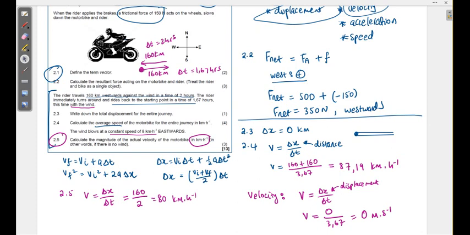So here we calculated the velocity he would have. This is the velocity that he would have been traveling at if there was no wind, isn't it? Yes, sir.